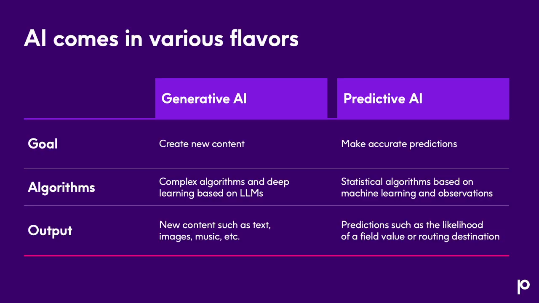Predictive AI is the one that we see probably being more immediately impactful for automation. Predictive AI is in many ways your traditional machine learning model with a little more intelligence added to it. It's designed to make accurate predictions based on statistical algorithms that are trained using your own data. This is one of the key things when you think about it.